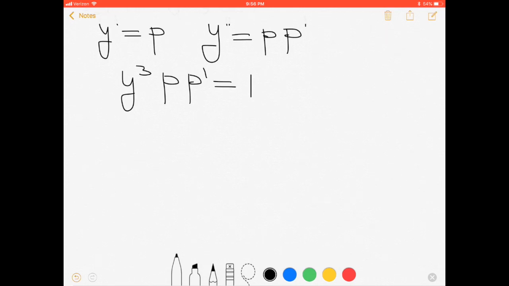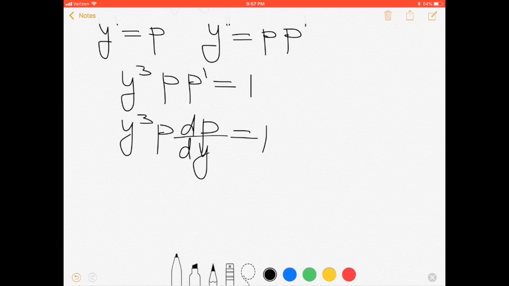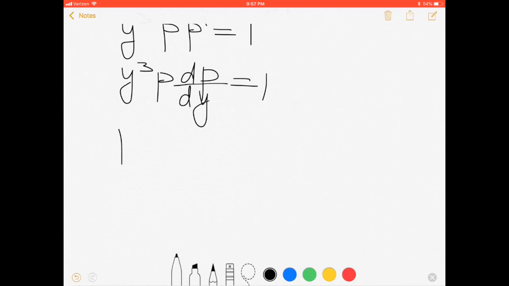Okay, this means here we have y cubed p dp/dy equal 1, with separable variables.